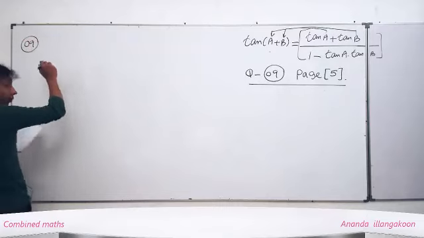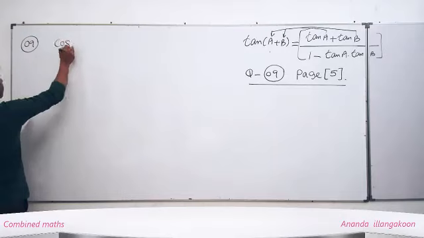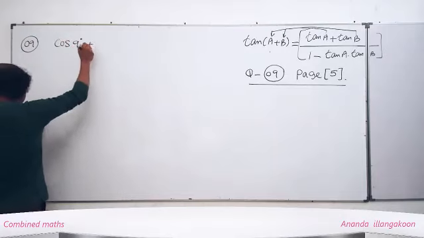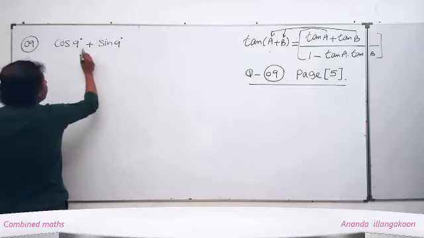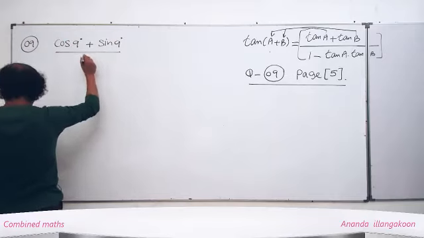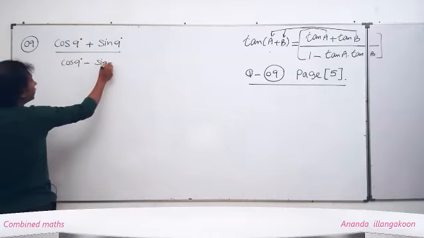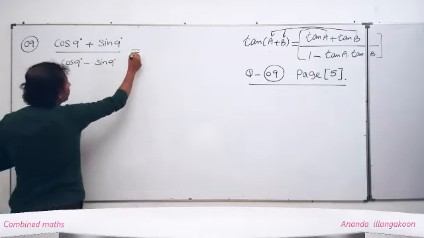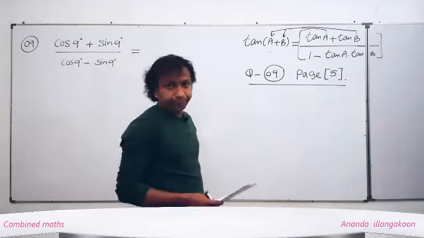Right, it is cos 9 plus sin 9, right? Divided by cos 9 minus sin 9, no, people? This is what we are given, right? Okay. For this one we have to prove this is equal to tan 54, right?